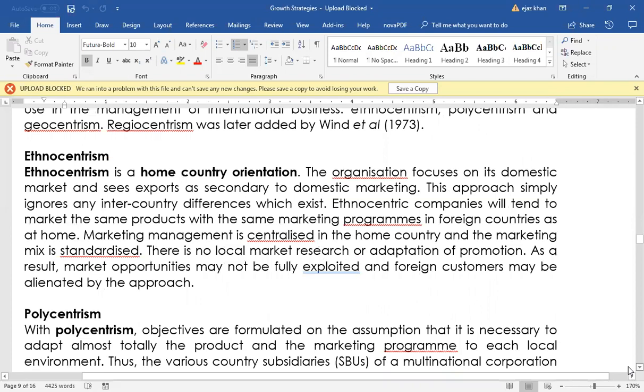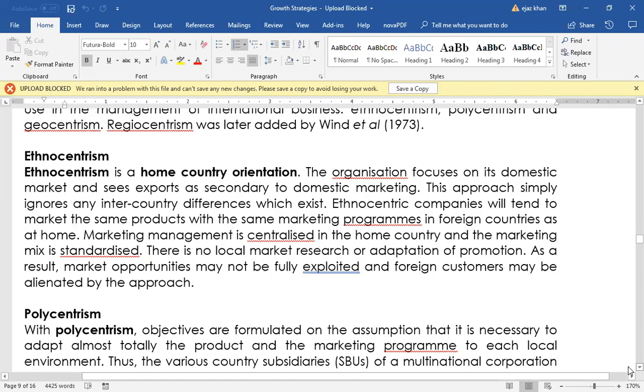Well, ethnocentrism. Let's say we are talking about a company which is operating in country A, and it wants to enter into a new market or international market, but it does not want to make any modifications whatsoever to its existing product that it offers in the local market.